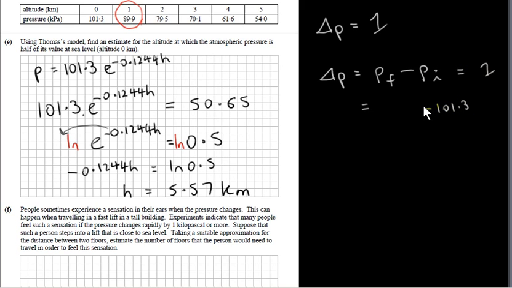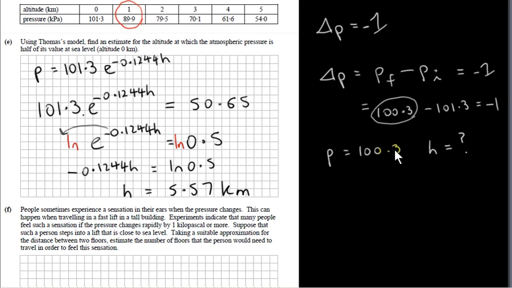Now the final pressure. Actually, I should really put a -1 here because the pressure is decreasing with altitude. So the final pressure would have to be 100.3 if the difference is going to be -1. So we want to take this pressure here, which I call PF, but I'll just call it P for now, 100.3, and we want to find the value of H that corresponds to a pressure of 100.3.